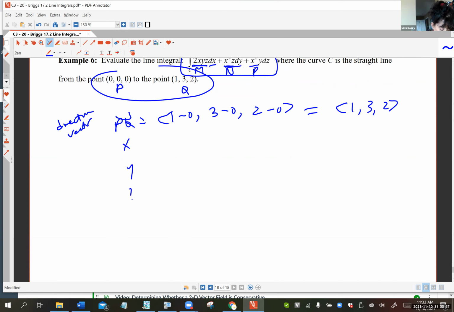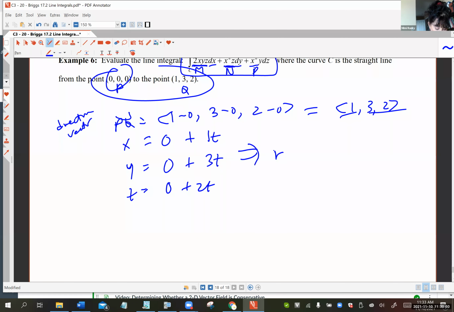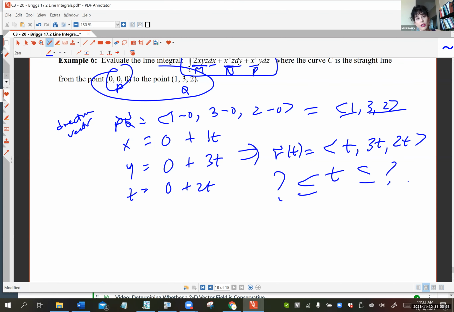So this is your direction vector for your line. Then for the parametric equations x, y, and z, you can pick the point 0, 0, 0, and these are your direction numbers: 0 plus 3t, 0 plus 2t. Then put it into a vector valued function, t, 3t, 2t, and figure out the start and stop times.